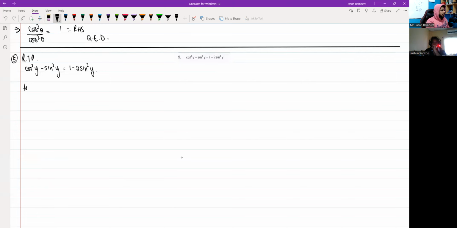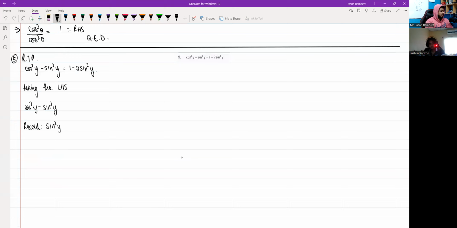So I'll take the left-hand side. I'll have cosine squared y minus sine squared y. Now I'm going to recall that whenever I have the angle in the proof, I use that same angle in the recollection. We're not using theta, we're not using x, we're using y.